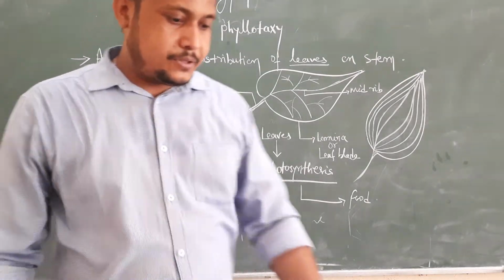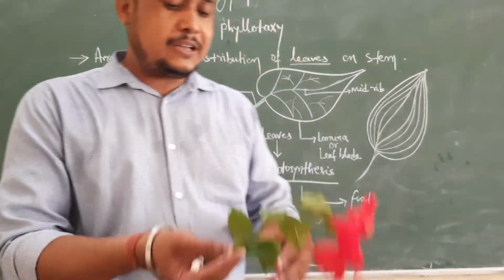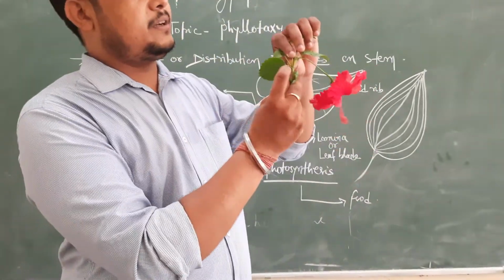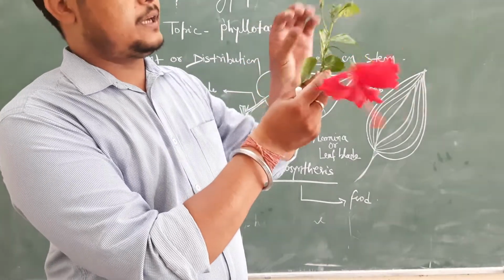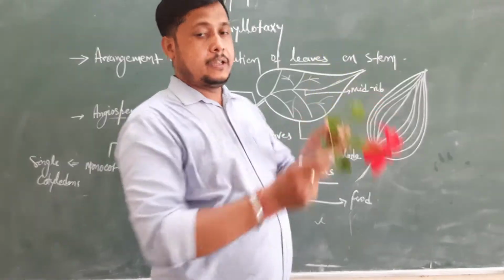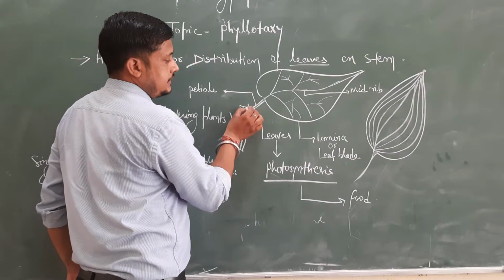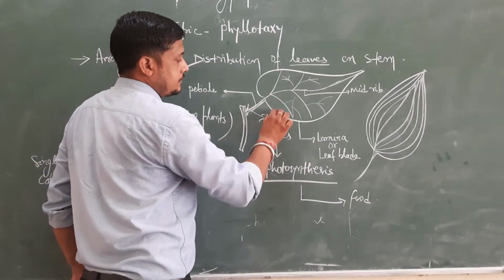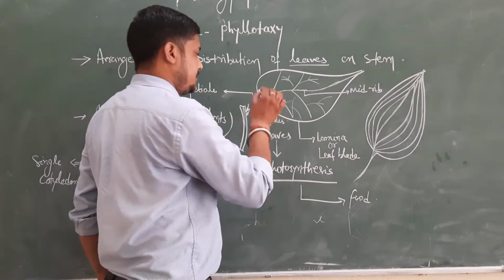In some leaves there are small green arrangements, just like at the base of the leaves, small leaf-like structures. That is called stipules.